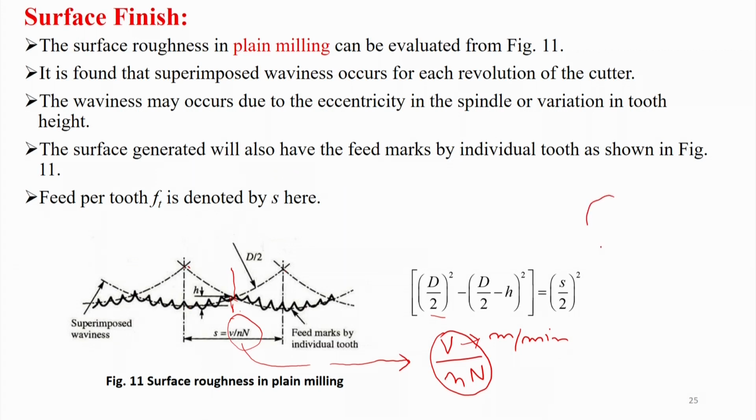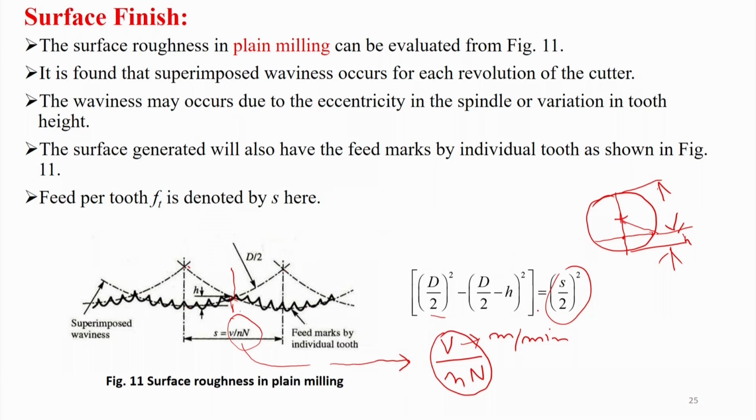So the situation is like this: this is S by 2, S is here, and this distance is h, and this is d by 2 minus h. So if I apply the Pythagoras theorem, (S by 2) square is equal to (d by 2) square minus (d by 2 minus h) square.